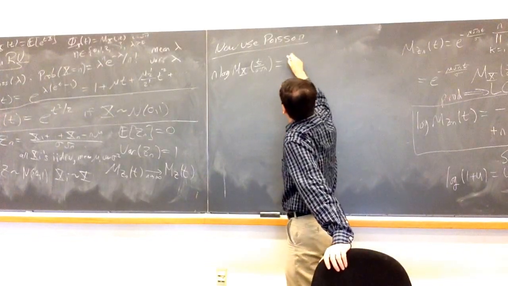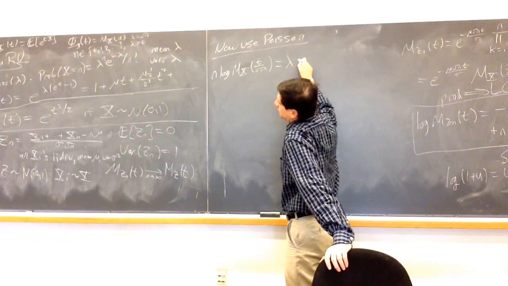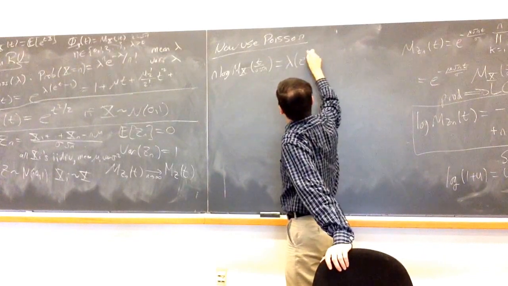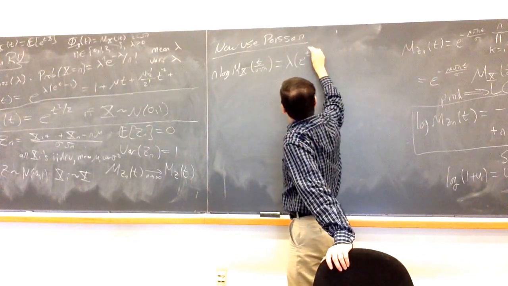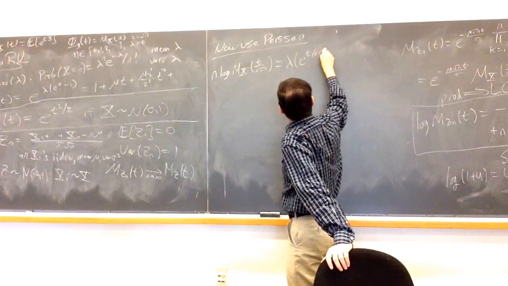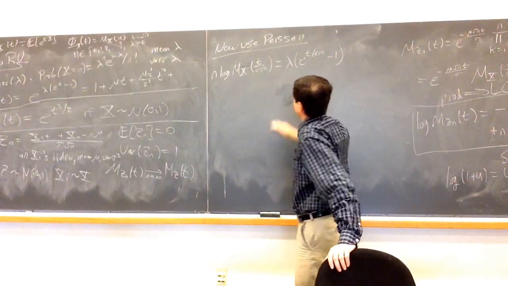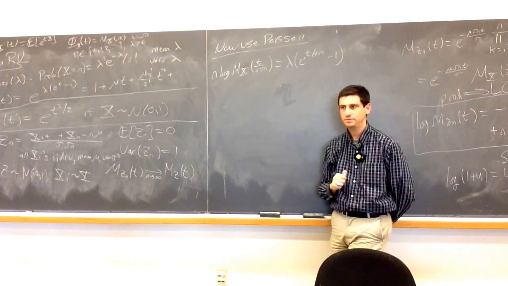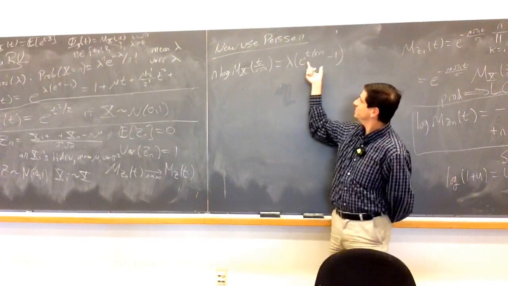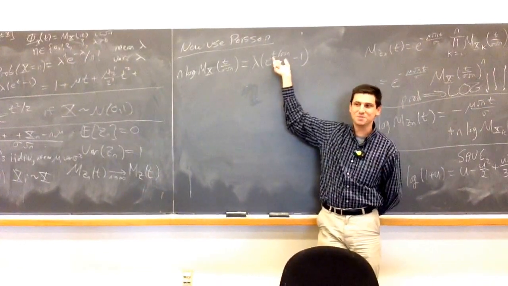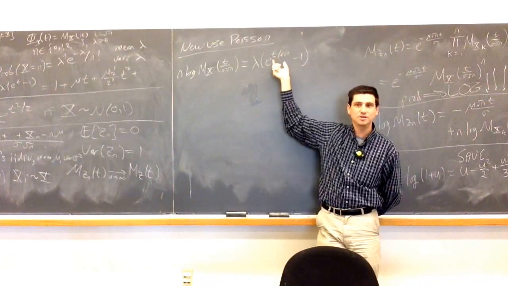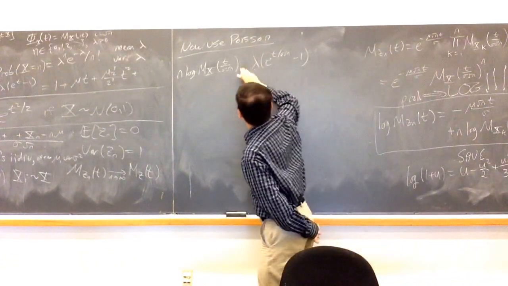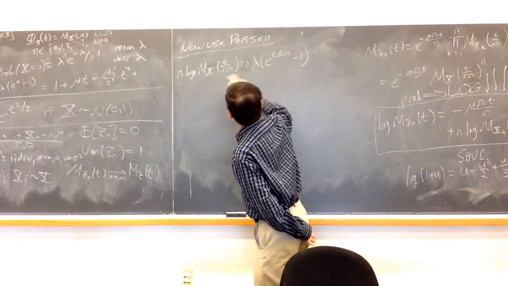It is going to be lambda times e to the t over sigma root n minus 1. Fortunately, earlier in class, we talked about how to expand something like this. Oh, yes, I needed n. Thank you. The n from that n.